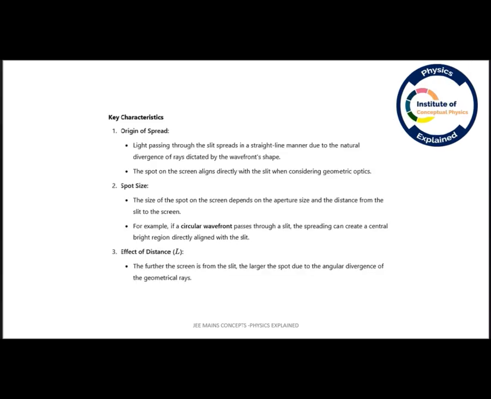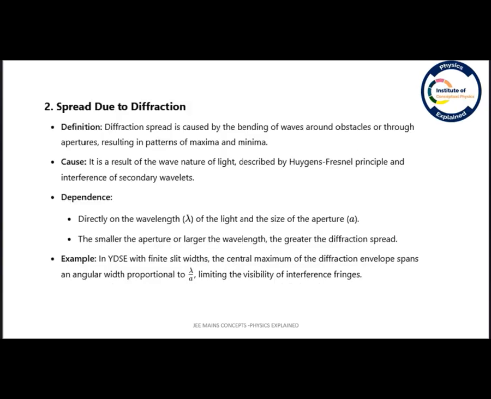The second type of geometrical spread you will see in these questions is also very interesting. This is the geometrical spread which is due not to wave effects, but to geometrical optics. What does it mean? For example, if you have a hole, which is a slit, and you pass light waves through it, then as per geometrical optics, no diffraction-type spreading will happen.